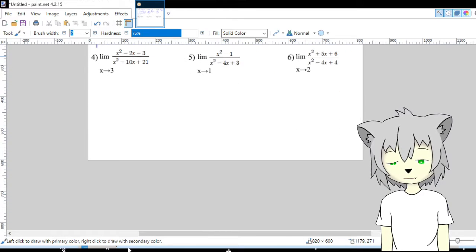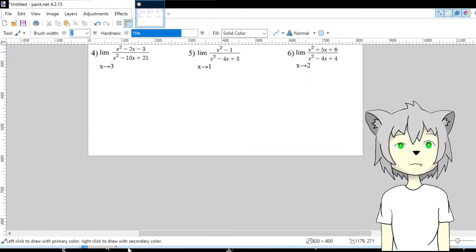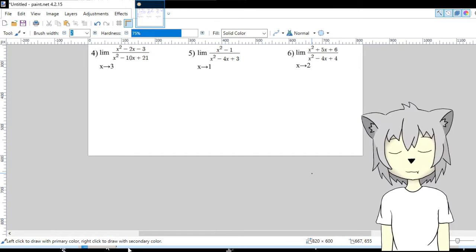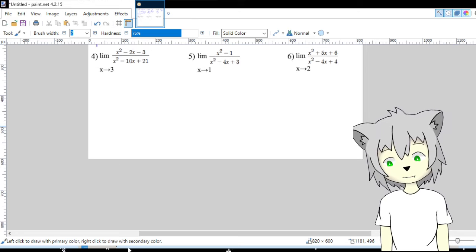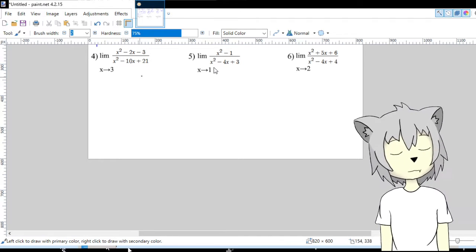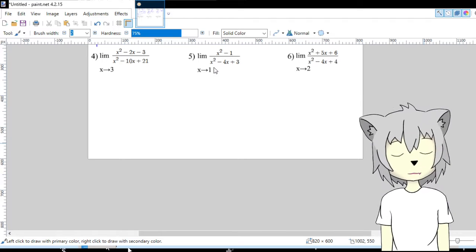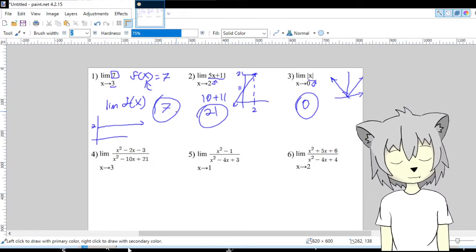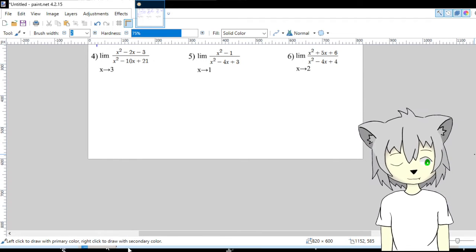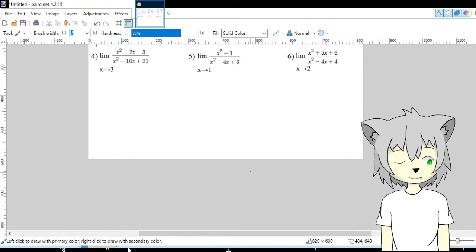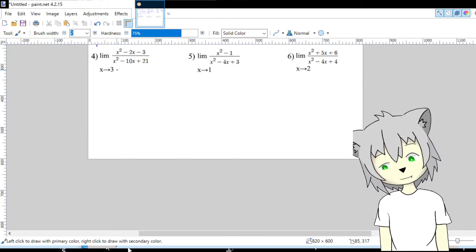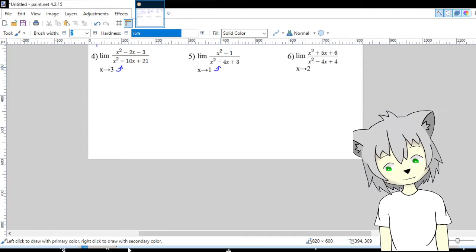But the next problems here, I'm guessing you guys are more confused about, especially if you're completely new to calculus. This is probably the stuff you're going to see most of the time in your problems. These are the easy questions. I would like you to plug in 3 into this and 1 into this.